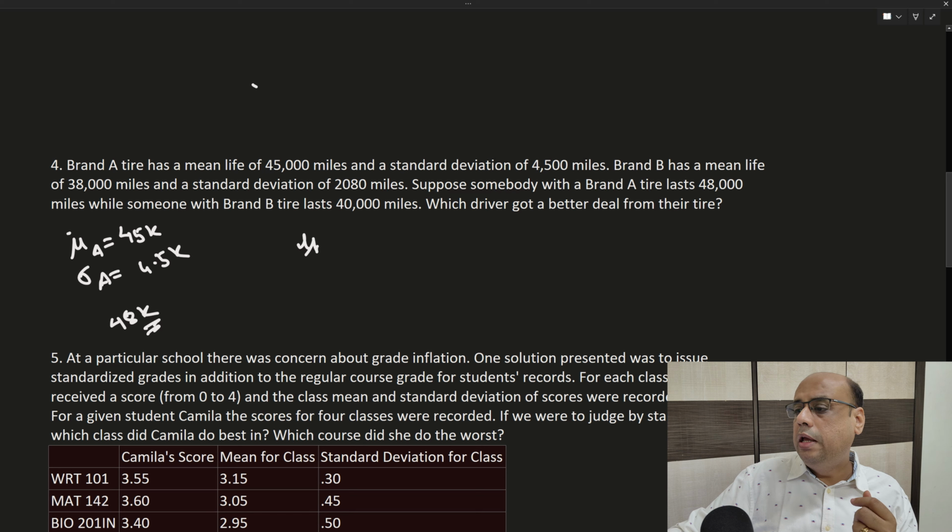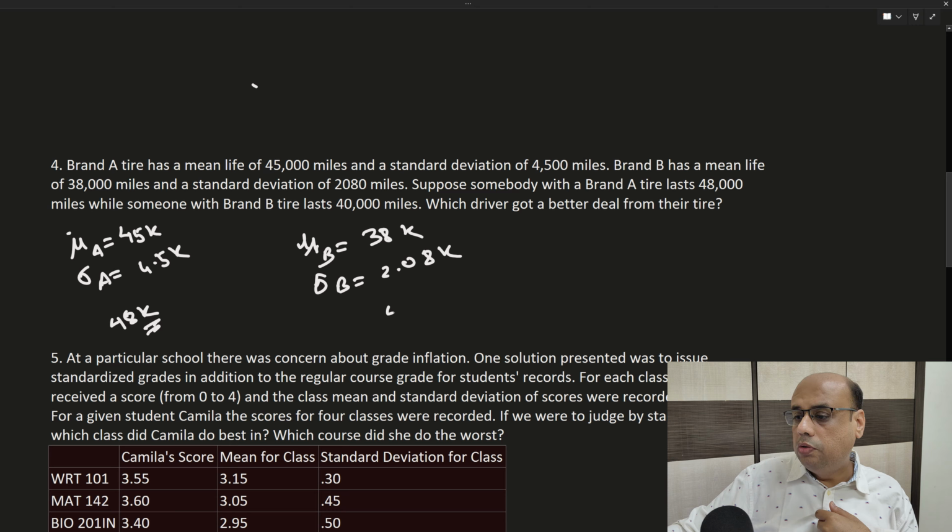Similarly, B has a mean life of 38K, with a standard deviation of 2.08K, and he actually got 40K. I'm writing K for the thousands.